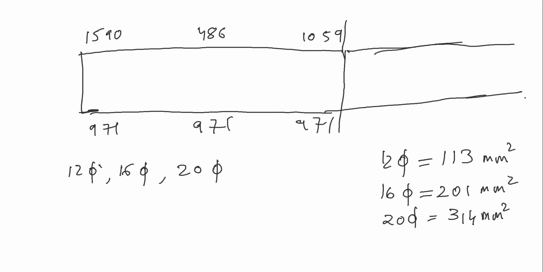Or else you can take 2 of 16 and 1 of 12 dia. That is better. 2 of 16 you are going to get 400, and 1 of 12 you are going to get 100. So in total, it is going to be 500, right?